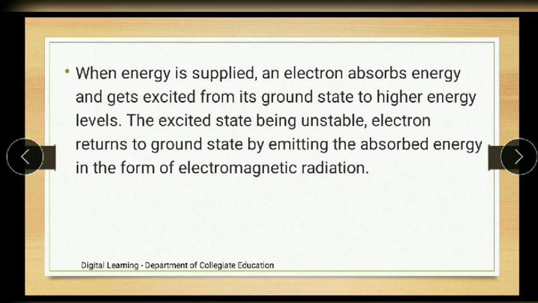The excited state being unstable, the electron returns to the ground state by emitting the absorbed energy in the form of electromagnetic radiation.